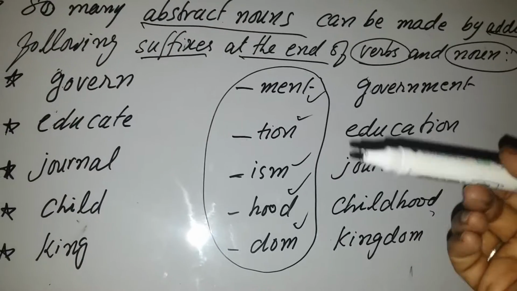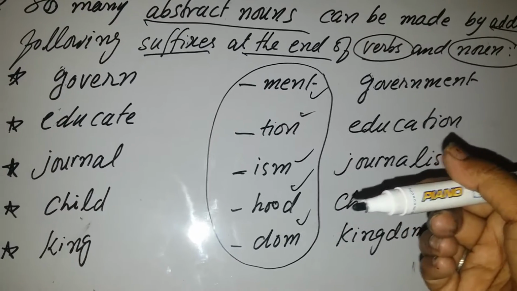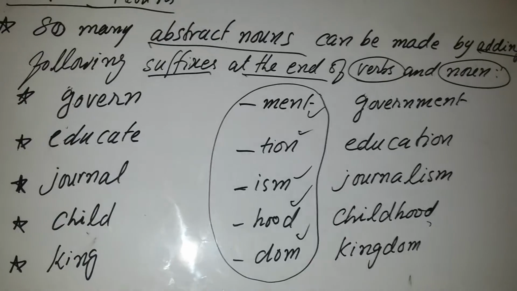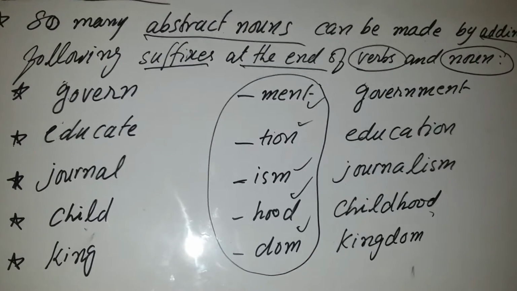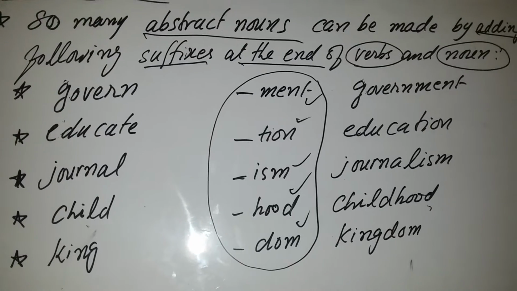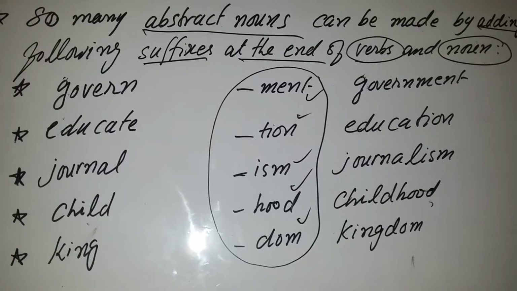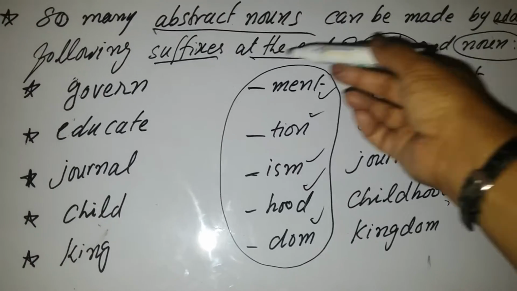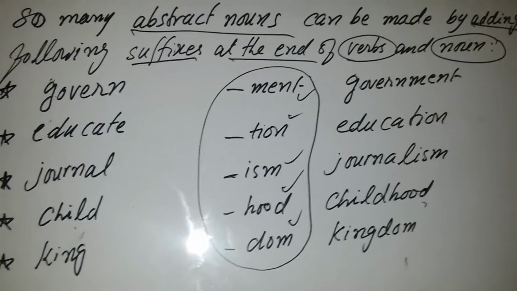These are considered nouns, and which category of noun? Abstract noun. Now we will proceed towards concrete nouns, and how different types of concrete nouns can be created by putting suffixes at the end of any noun or verb. Always remember, all those words which end with these suffixes will be called abstract nouns.